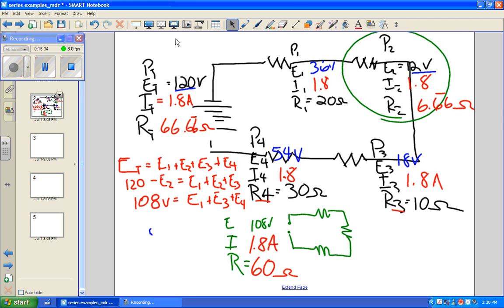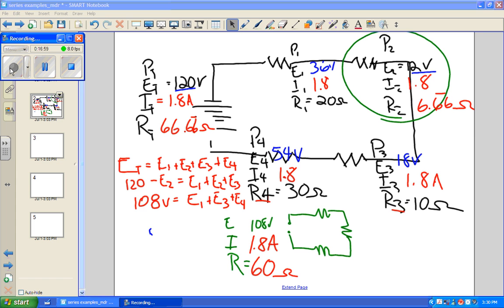Okay, so now let's add up all resistances. We have 30 plus 10, that's 40, 50, 60, plus 6.6 more, that's 66.66. So now we're sure that we have stumbled into the right answer somehow. Amazing, I tell you. All right, so I think that was a good exercise.